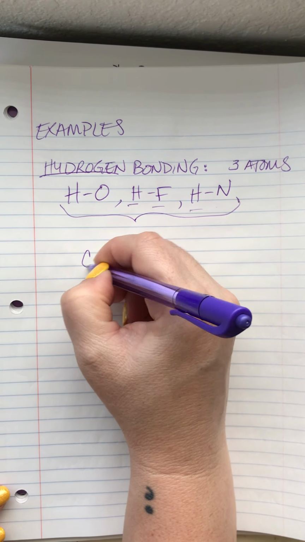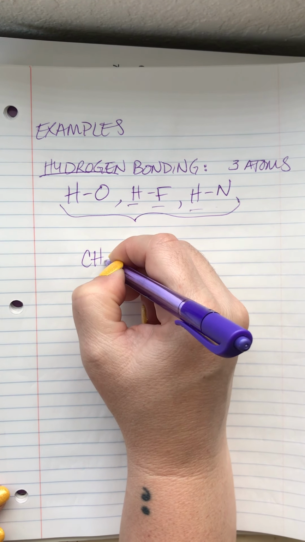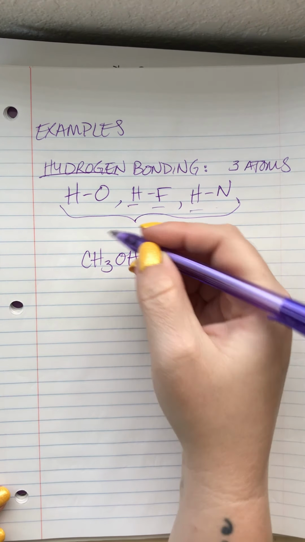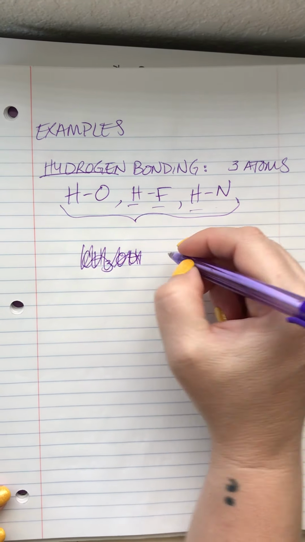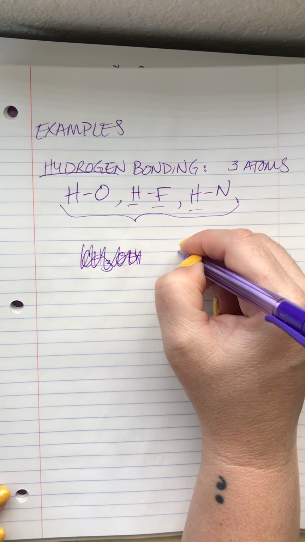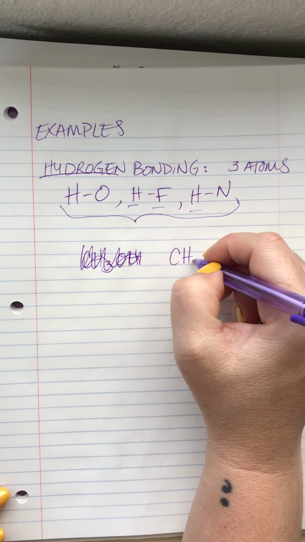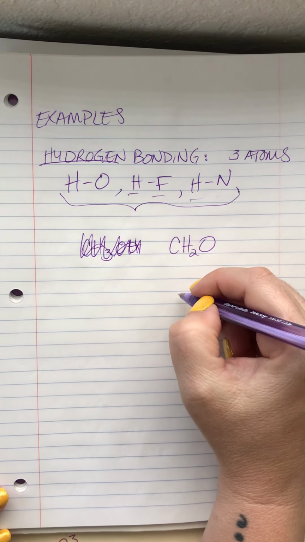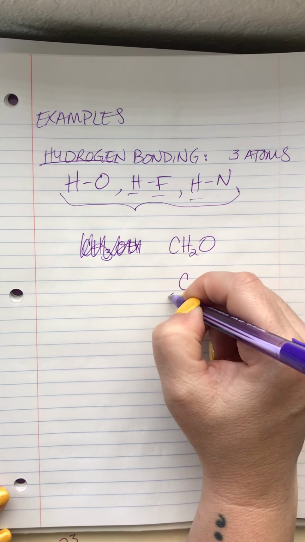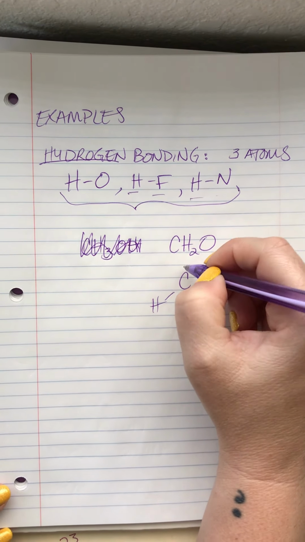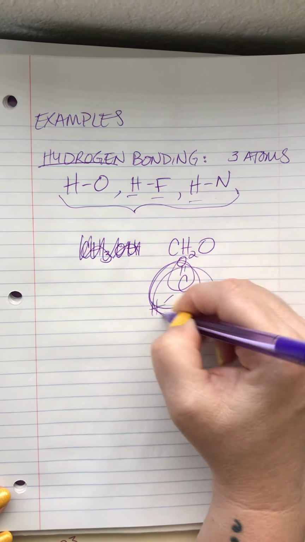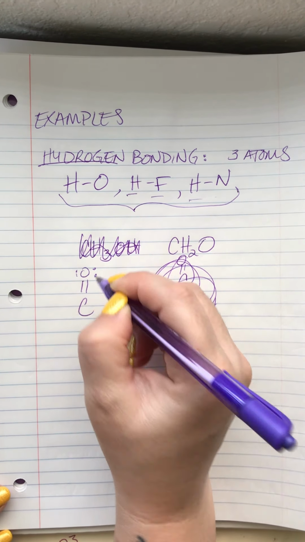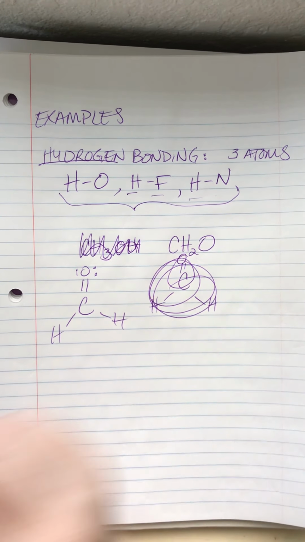So, for example, I don't know if we had this one on the quiz. This is a bad example. Let's do this guy. You may not know this just by looking at it, but the Lewis structure for this guy is going to look like this.